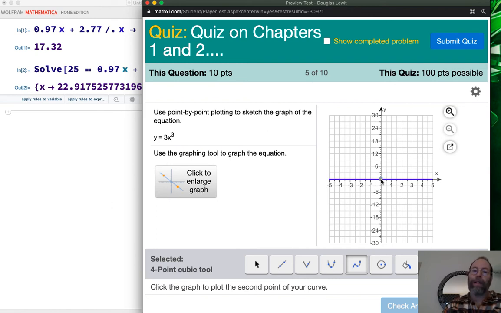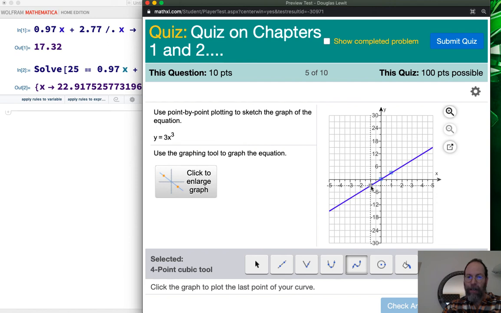So what happens when x is 1? Well, 1 cubed is 1, and 3 times 1 is 3. And if x is negative 1, negative 1 to the power 3 is negative 1, times 3 is negative 3.